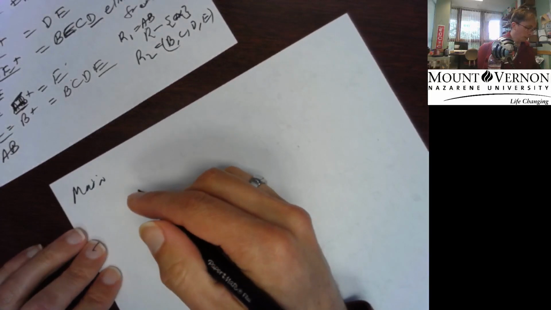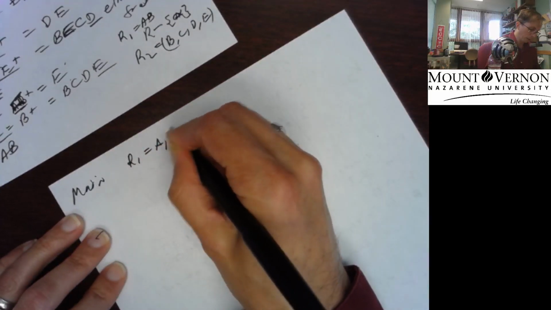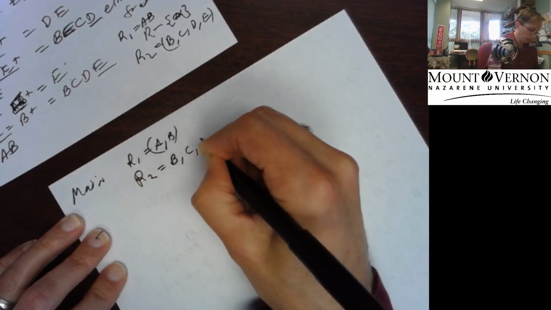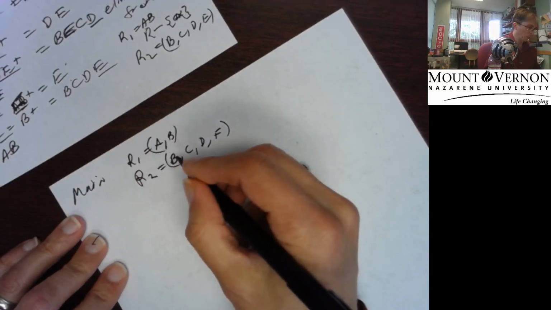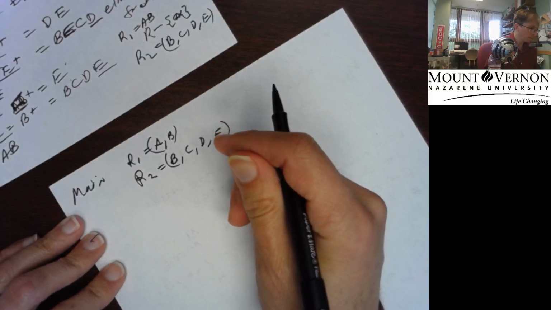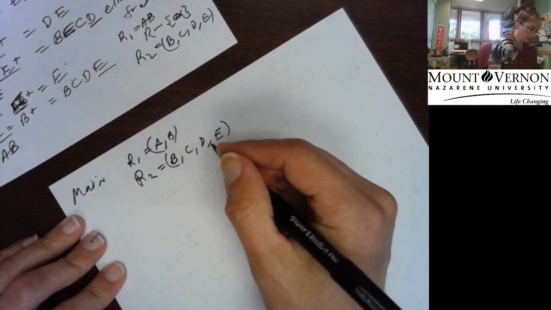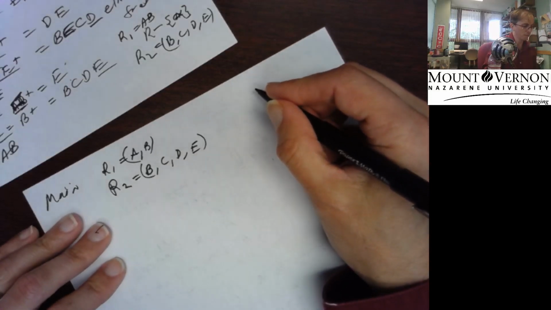What I'm going to do now is I have my R1 equals A and B, and my R2 is going to be B, C, D, and E. And now I'm going to look for violations based on the original functional dependencies. I need some F closures.